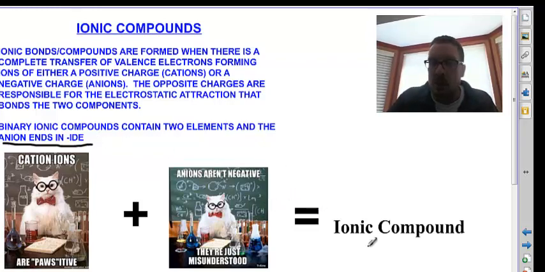It's quite a simple way to look at things, and as we go through each of these different types of ionic and then covalent compounds, looking at them individually is the easier portion of it.